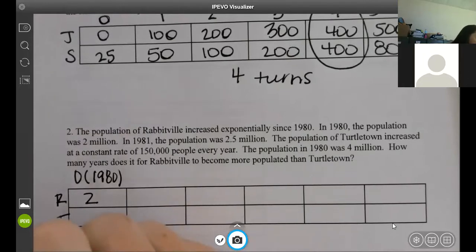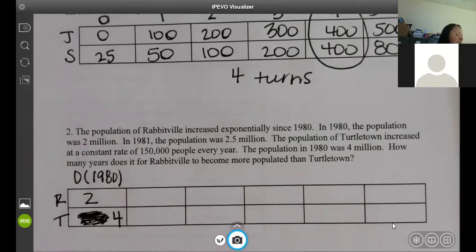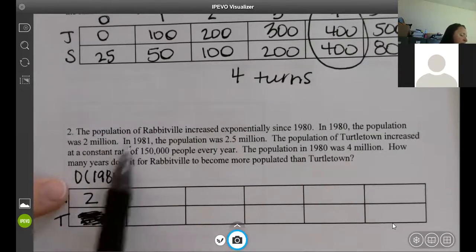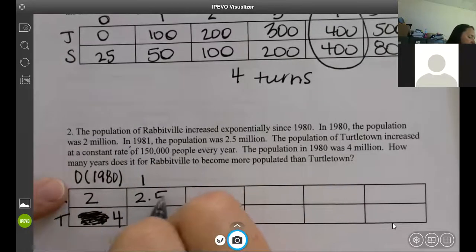No. Turtletown had how many? 4. All right. So in 1980, the population was 2 million for Rabbitville. In 1981, or one more year, the population was 2.5.